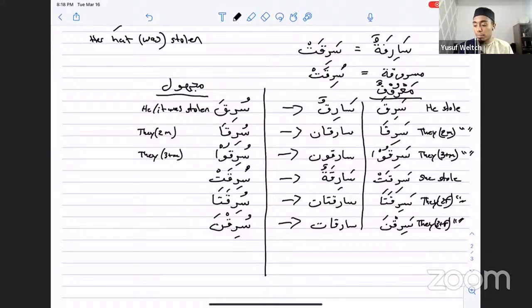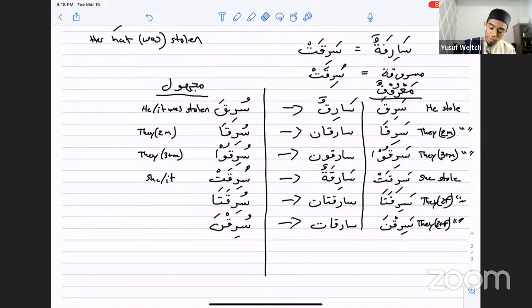So if I said kutubi suriqu, my books were stolen. Books is masculine plural, suriqu. And then this would be she or it. So if you have a cat, and it's a female cat, you would say qittati suriqat, my she was stolen. She was stolen. But was stolen is passive. If the cat actually stole something, it would be she stole.